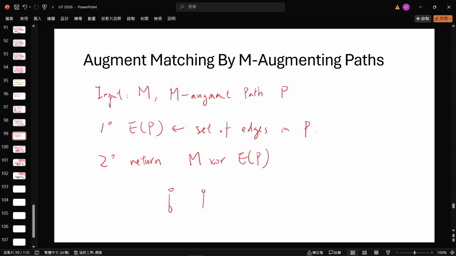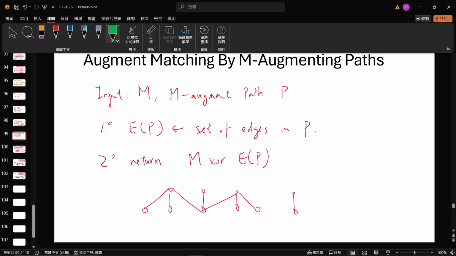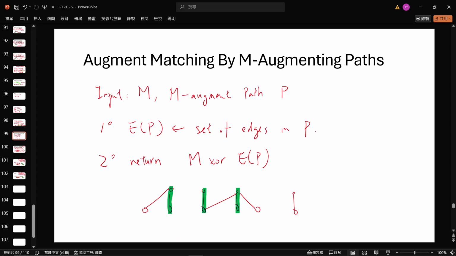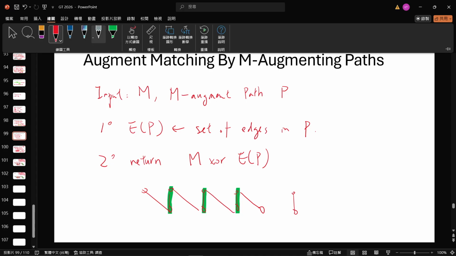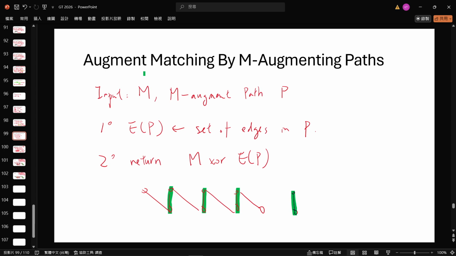For example, okay, so here the dark green edges are the edges in M, and this path is the M augmenting path, okay?